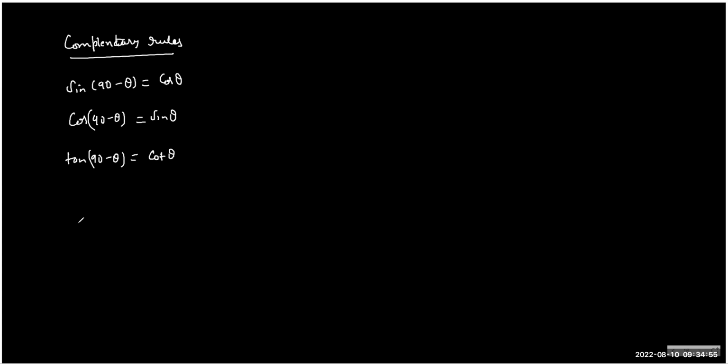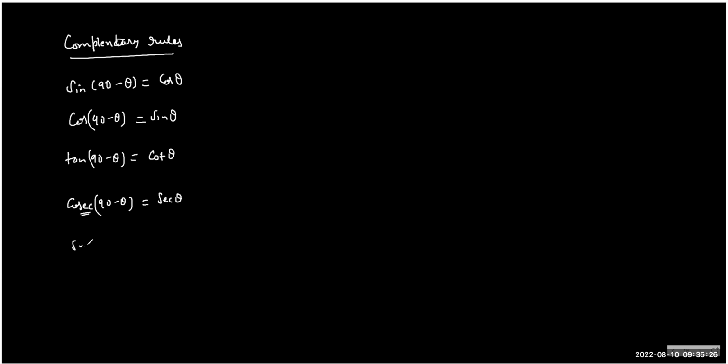So the complementary rules are like this. I can just start for the other. So what about cosec of 90 minus theta? Okay, we are writing the complementary rules. So what is the complementary of cosec? Sec. It is written here only, no?